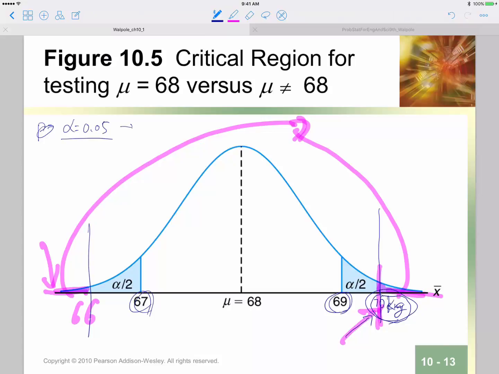And then suppose the sample mean was 69. In this case, would p be bigger or smaller than alpha, or 0.05? I mean, the question is whether p is bigger than 0.05 or smaller than 0.05. Would it be bigger or smaller?